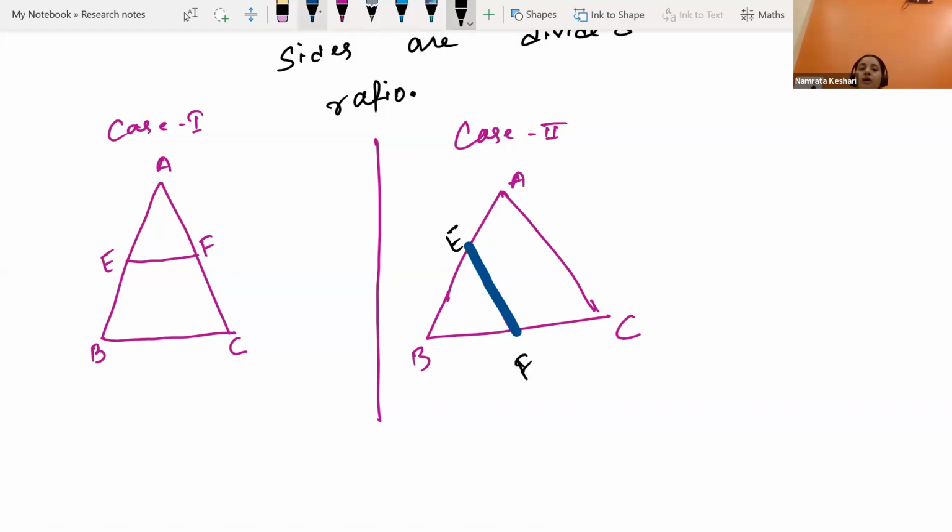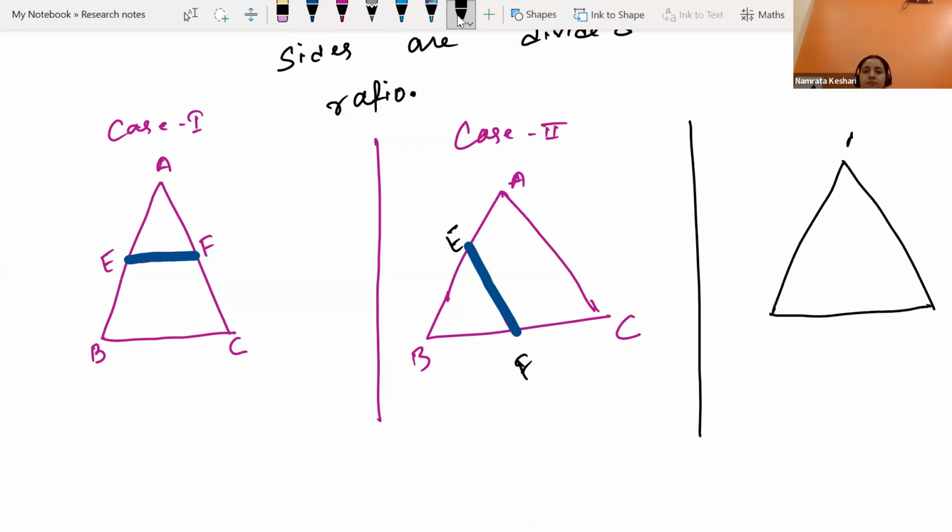We have drawn a line which is parallel to one of the sides intersecting the other two sides, or maybe we can draw a line parallel to the side AB and intersecting the other two sides BC and AC.